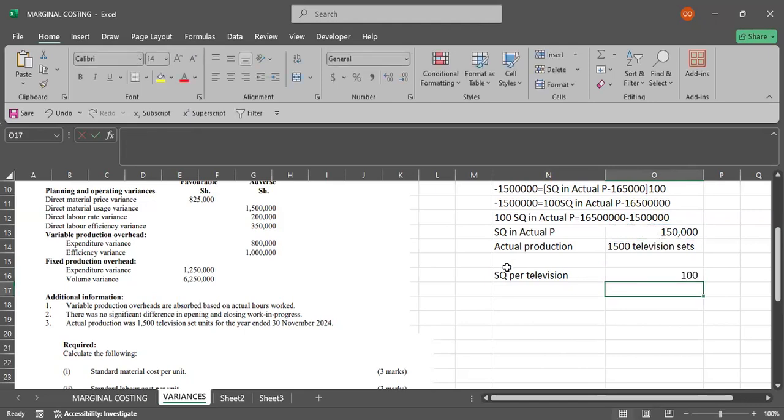So it means our standard quantity per television set is equal to 100 kgs. Good. So are we together up to that point?